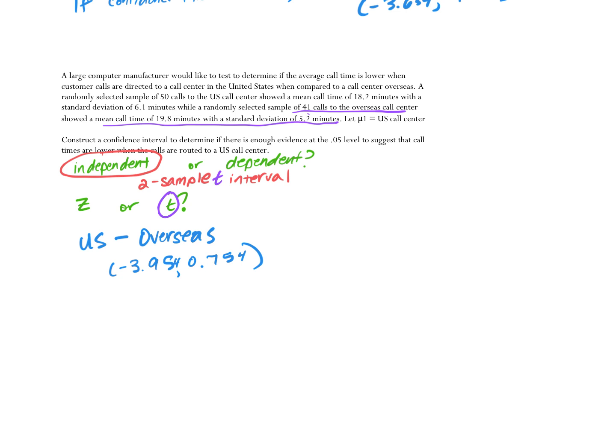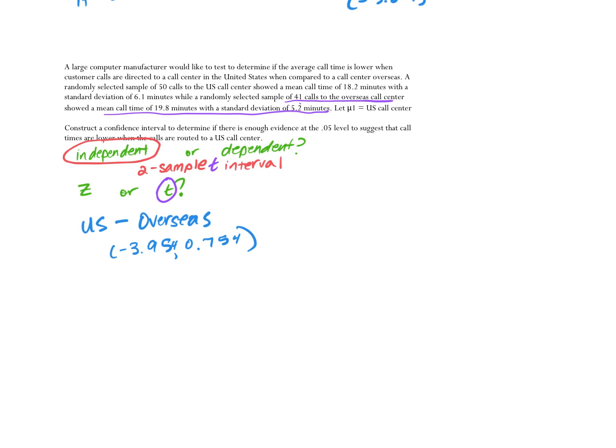The confidence level should be 90, because my test would be a one-sided test with alpha equals 0.05.